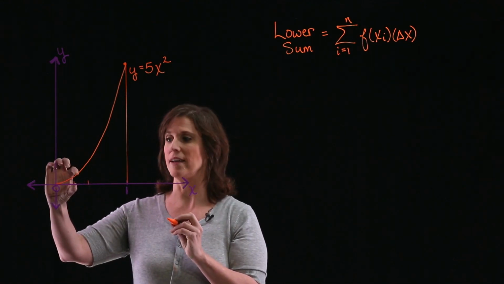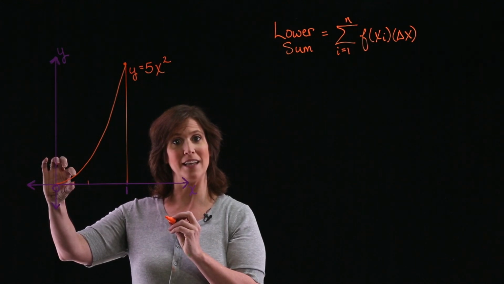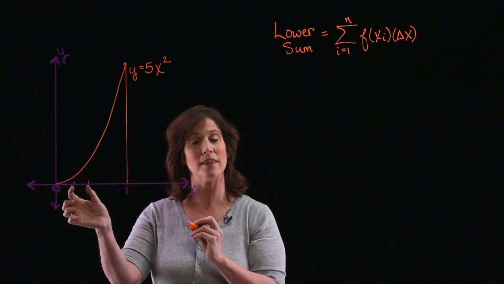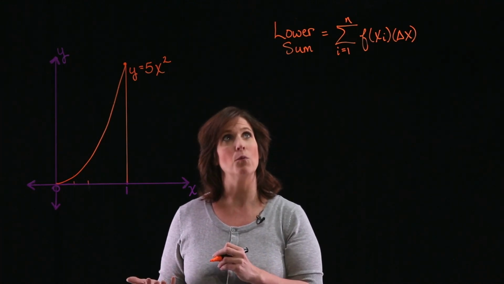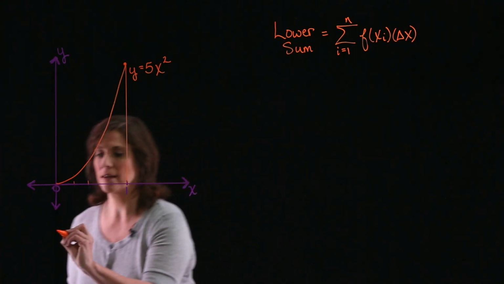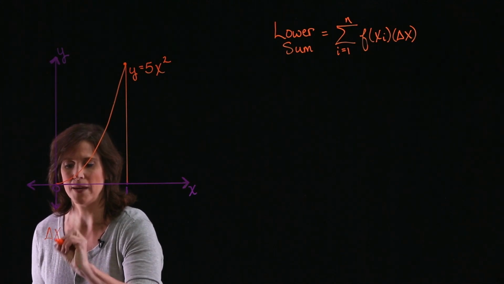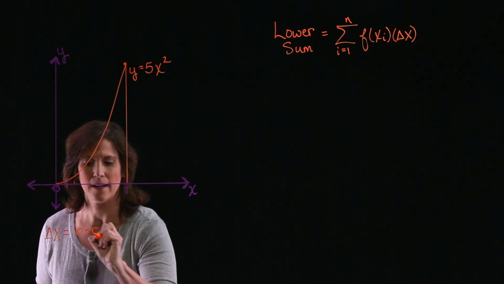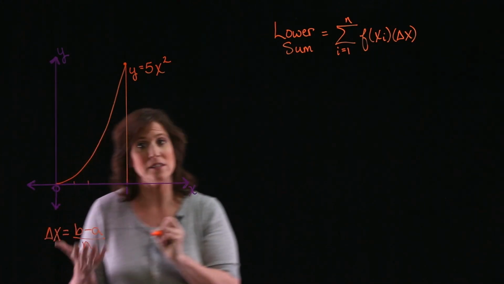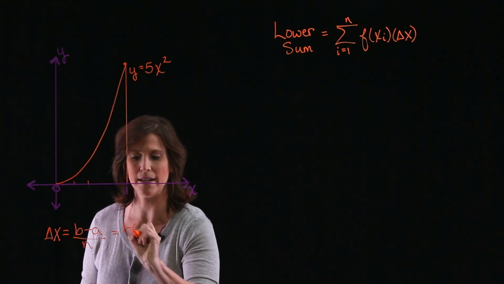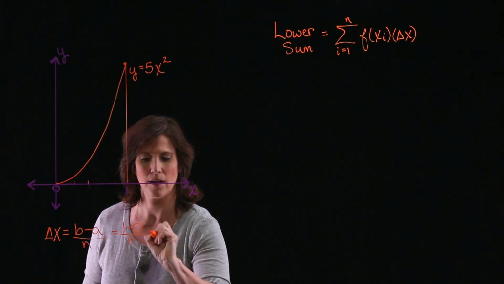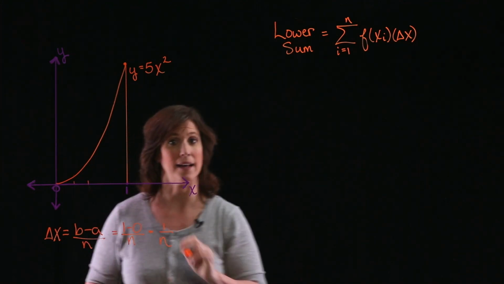So I'm going to need to find a left endpoint so that I can calculate the height, but I also need the width of one of those rectangles. The width is just like what happened with my upper sums, because the width is going to be b minus a divided by n. And I wasn't told what the value n is this time, so all I can do is say it's 1 minus 0 divided by n, or 1 over n.